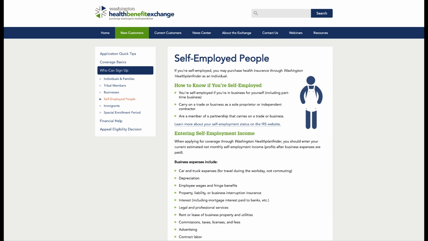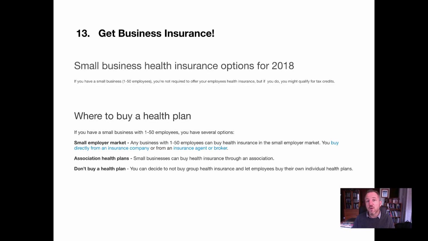You can buy health insurance through an association, and many of us, like when I first started, got our insurance through a spouse. If you have a family insurance policy, oftentimes you'll elect to not buy a separate health plan because you've got coverage through your spouse's family plan.